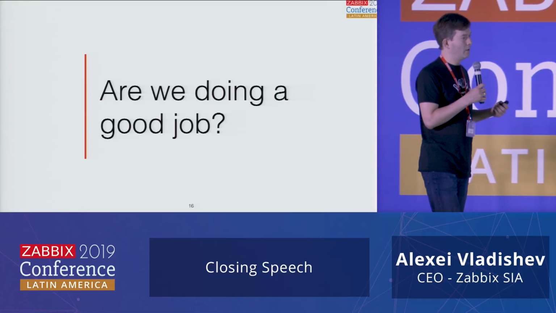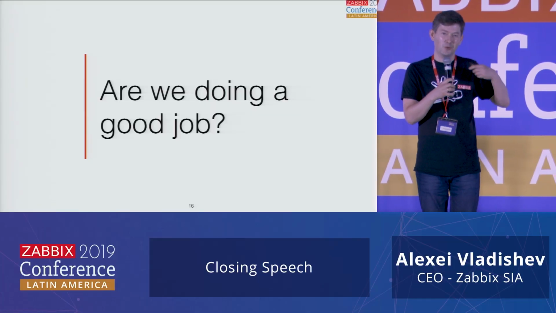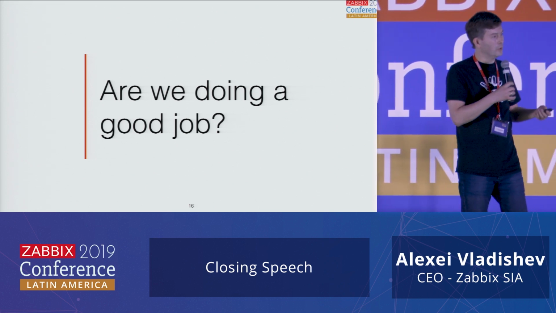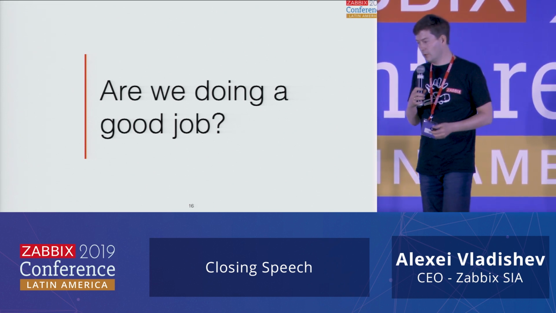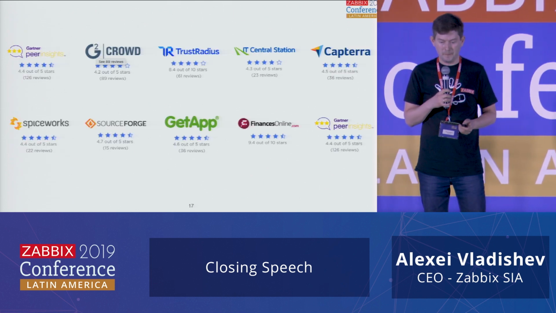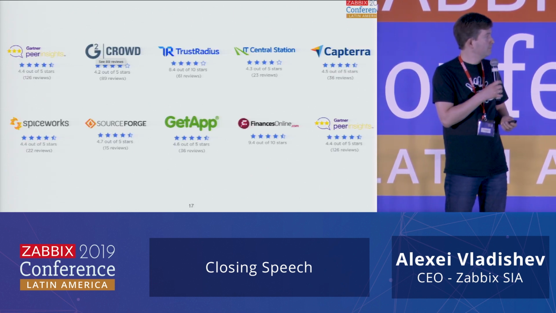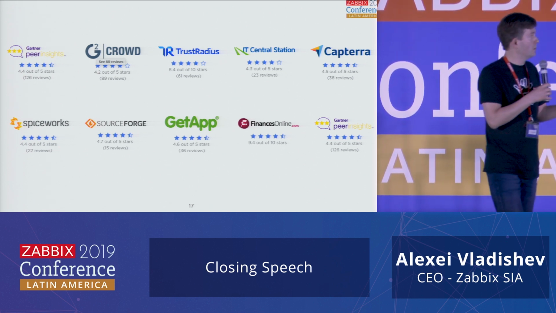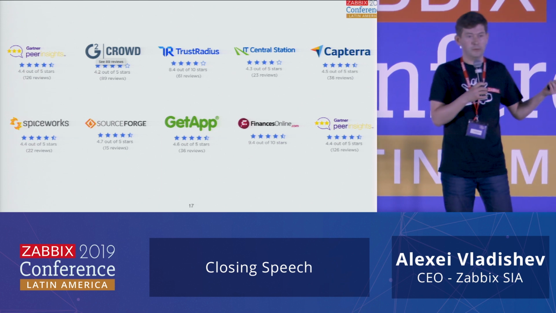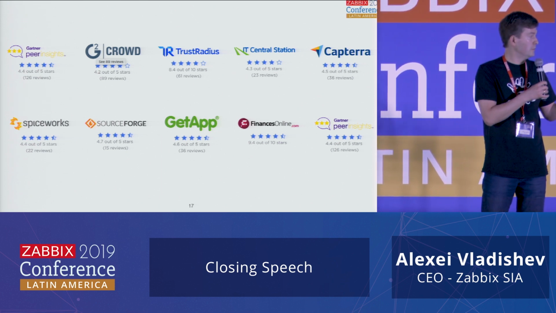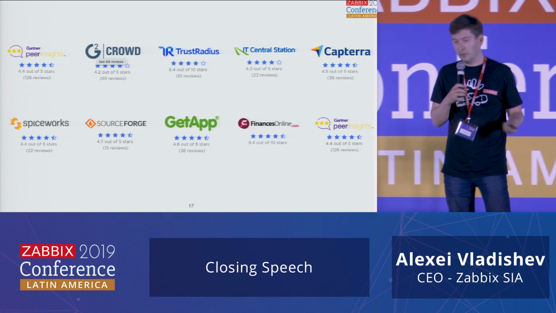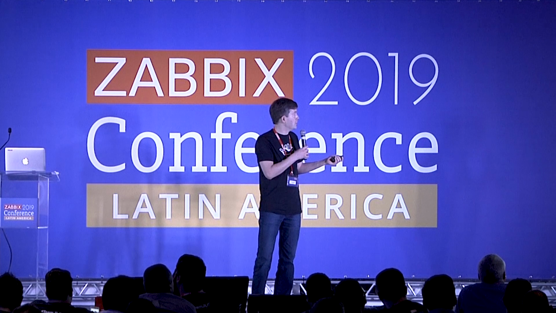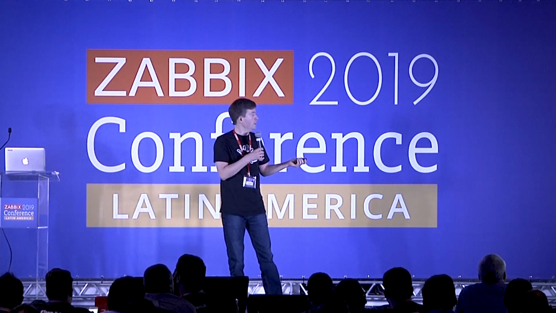Sometimes I'm asking myself, I'm doing a good job, but is it enough or not? Maybe we should do a better job. There are sites, I don't know how they're called, that collect user opinions, where you can vote and compare different solutions, like IT Central Station, G2 Crowd, or Gartner Peer Insights.